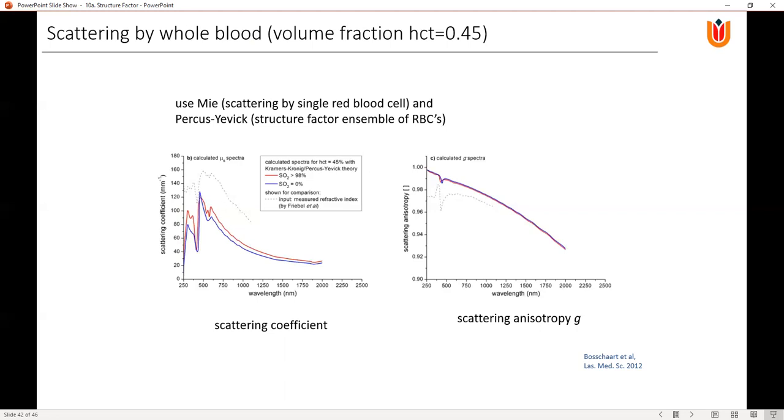One of the things that struck us a little bit is that there actually is a difference in the scattering coefficient between oxygenated and deoxygenated hemoglobin. We knew, of course, that there was an absorption difference, but it was not widely expected that there would be a difference in the scattering coefficient as well.